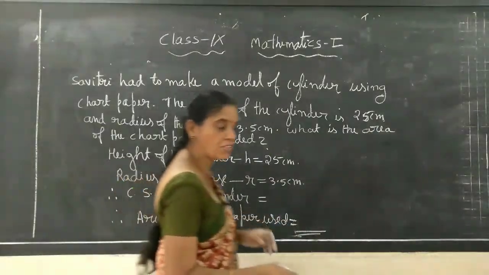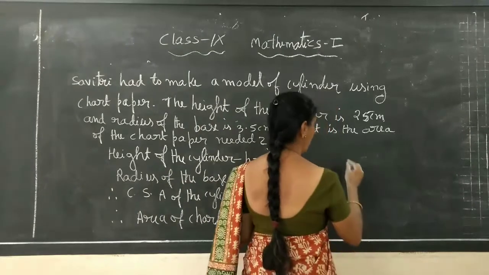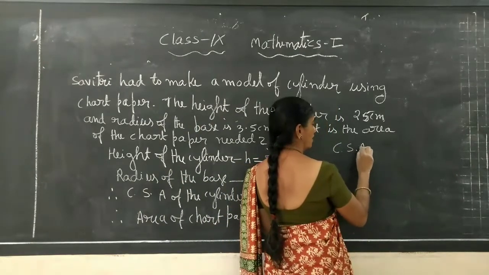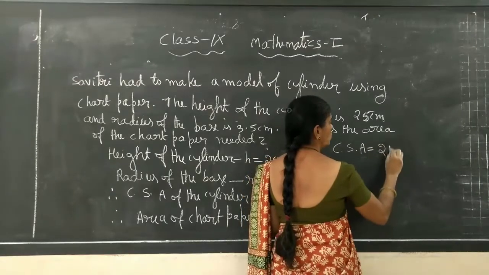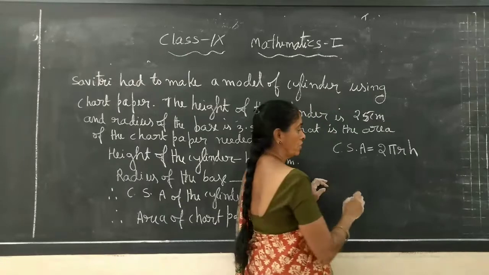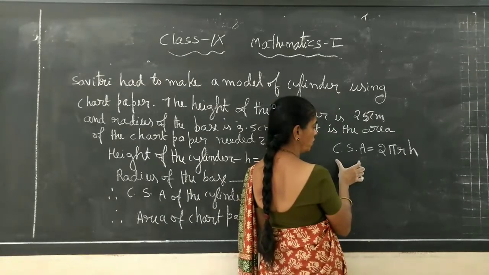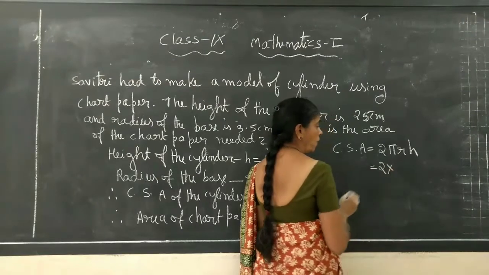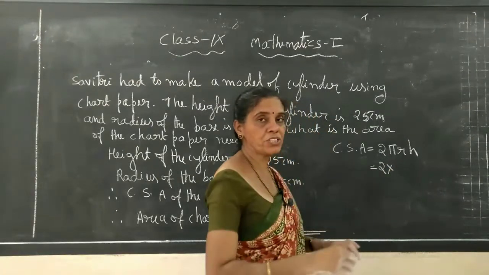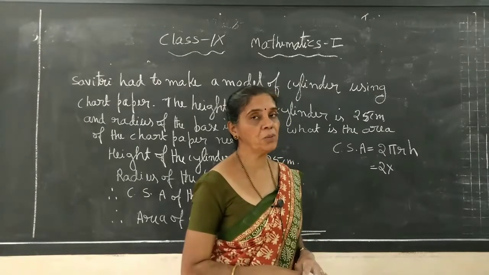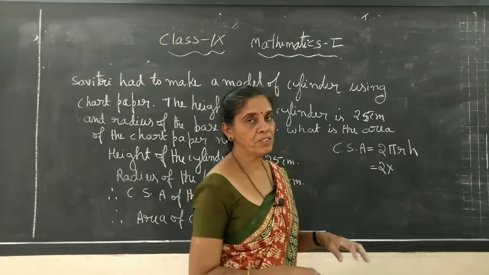And what is the formula we have to use, children? Curved surface area is equal to 2 pi R H. We don't know this yet, so it is equal to 2 into pi. Depending upon the question, you may use 22/7 or 3.14, a fractional or decimal value.